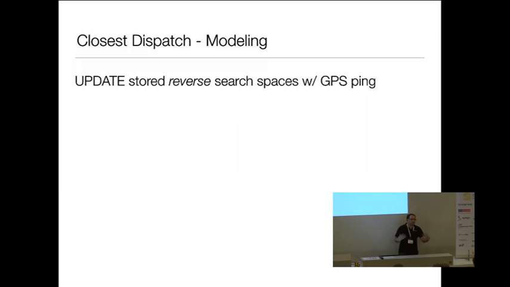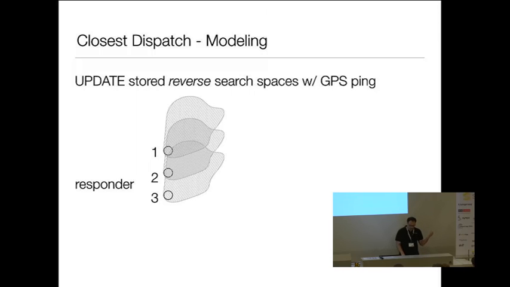Exploring the search space is fast, like a millisecond. So we can update like 10 times a second and don't even have a problem with computational time. So for, let's say, a responder, we explore the search space. We have 1, we have 2, we have 3, 4, 5. We store that as preprocessed data. And we update that because we have many more location updates than incidents.